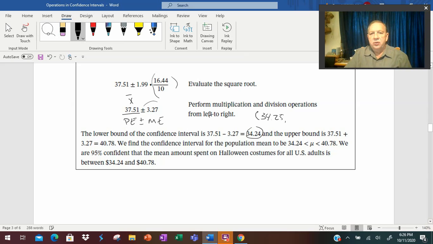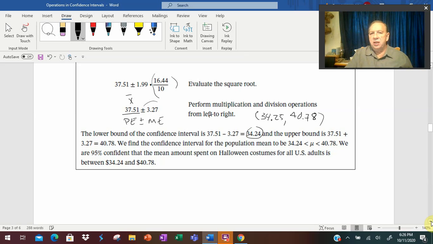Here's my interval notation from math. And the upper bound is 37.51 plus 3.27. I get 40.78. So that's just the little open interval that you would write in math for open interval notation. And that's equivalent to the 34.24.